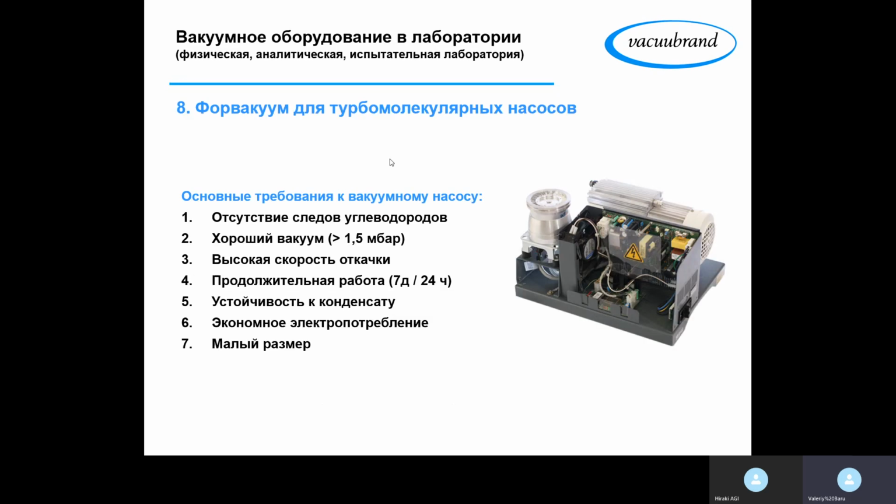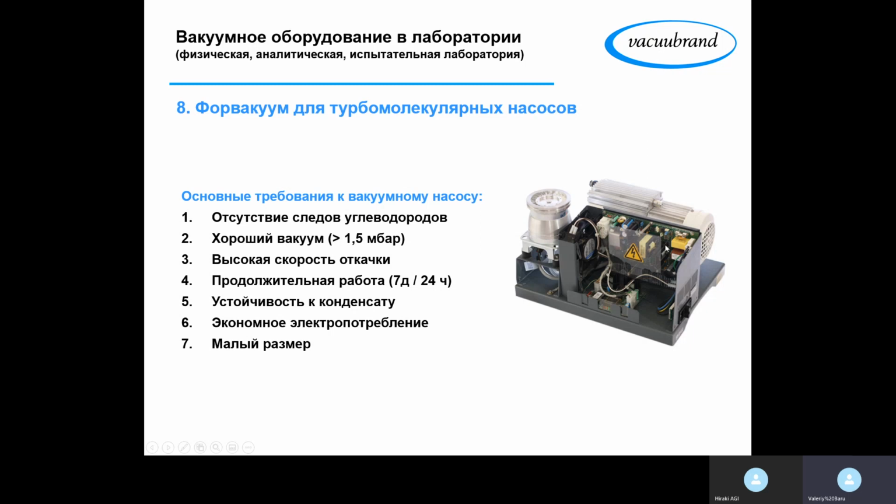The last application that is mentioned here is the forevacuum pump for different kinds of applications. Like, for example, in that application for the short path evaporator, when we are using a diffusion pump, we had a forevacuum pump which was used to create the relatively low, rough vacuum, so we can start the diffusion pump.